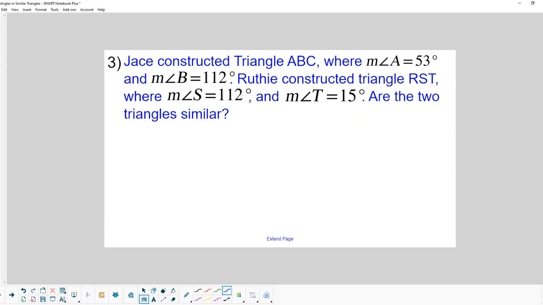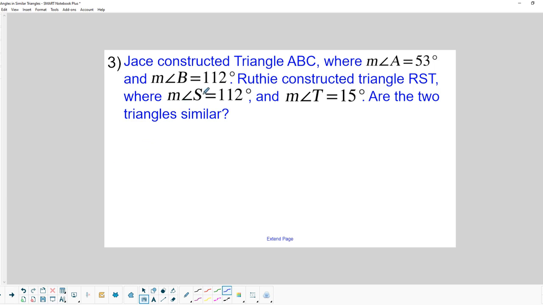Okay, so Jace has constructed triangle ABC where the measure of angle A is equal to 53 degrees. The measure of angle B is 112. Ruthie has constructed triangle RST where the measure of angle S is 112 and the measure of angle T is 15. Are the two triangles similar?